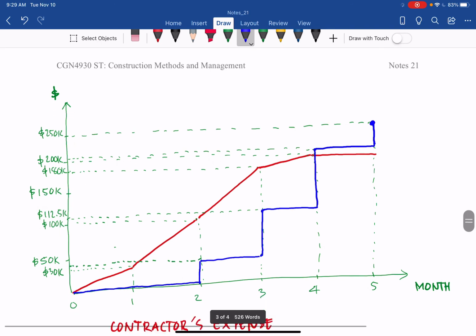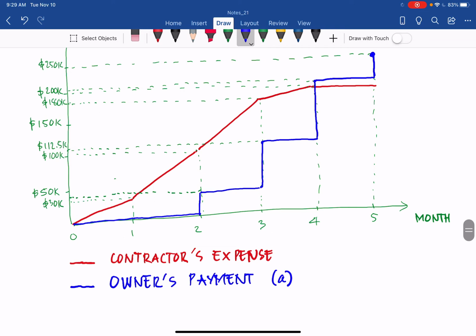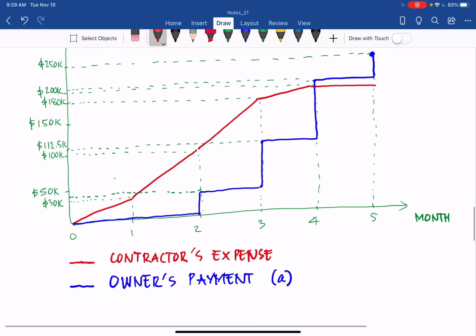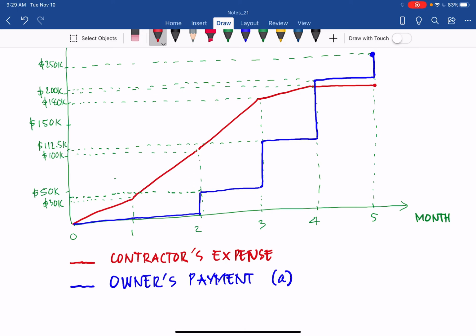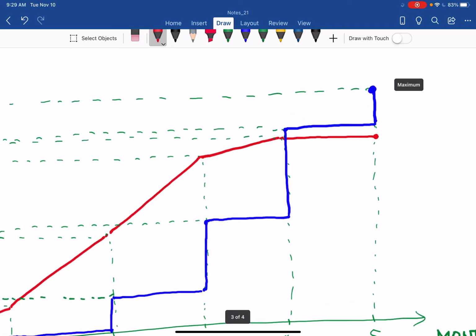Before we move to part B, we see in this case, in the first 4 months, the contractor always needs extra money because the contractor spends above the owner payment. So what the contractor receives is less than what the contractor spent, and that is the problem, because the contractor has to borrow money from somewhere to invest in this project and finish before getting the money and jumping up to get some profit in the end.